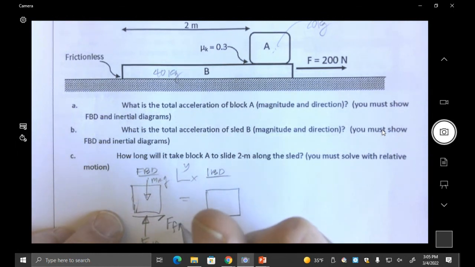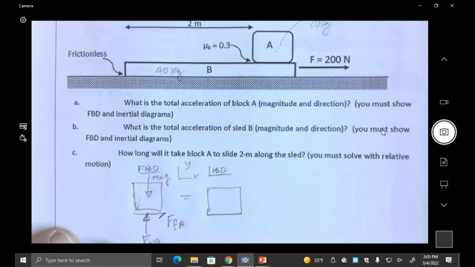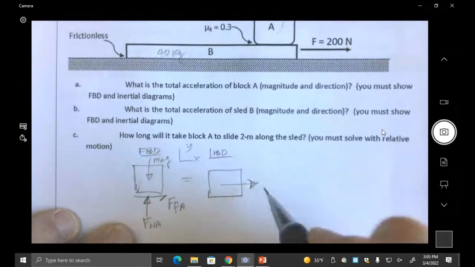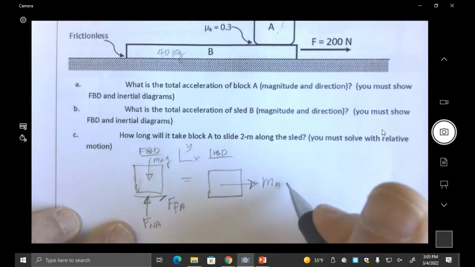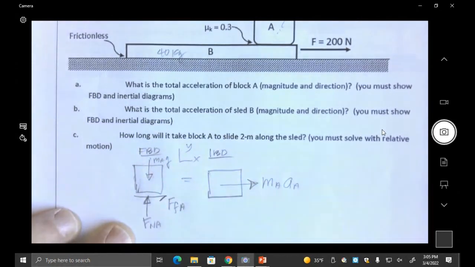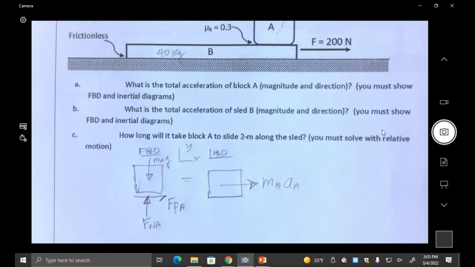So we're going to say that's the friction force A. And because of that, it's going to move, MAAA. You see my logic there? Starts at rest. This thing gets pulled. It's going to move to the right, but it's the friction that's going to cause it to move to the right. So this right there.